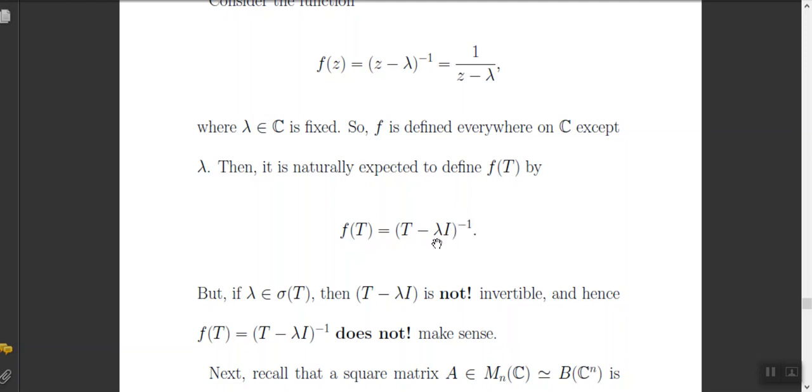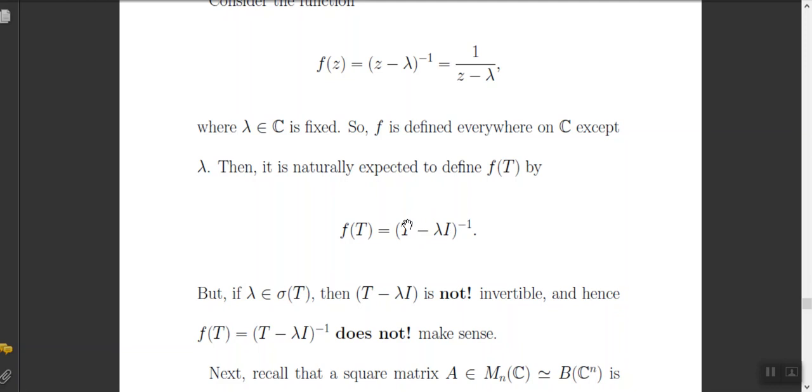We can define it like this. But here's the problem. If lambda belongs to the spectrum of t, then f is not defined at lambda, and here is the problem: when lambda belongs to the spectrum of t, t minus lambda I is not invertible.